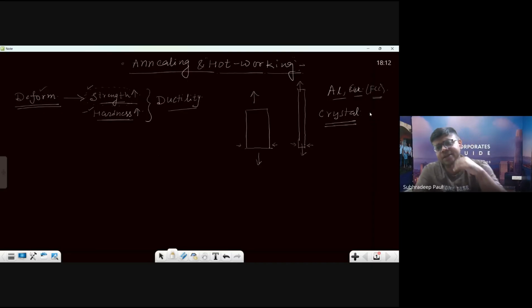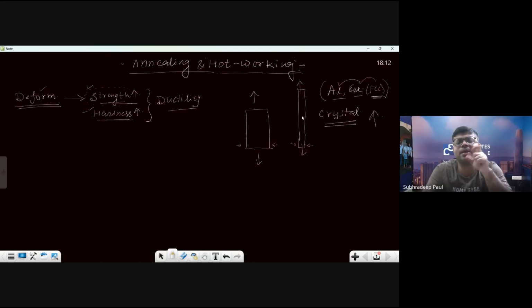Now, if I try to deep dive into this, I have said that aluminum and copper are ductile, and most FCC metals are ductile, because they are FCC.